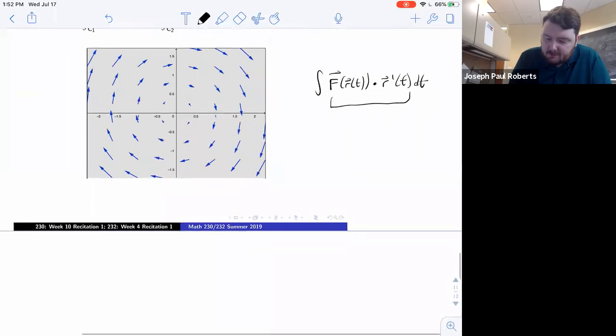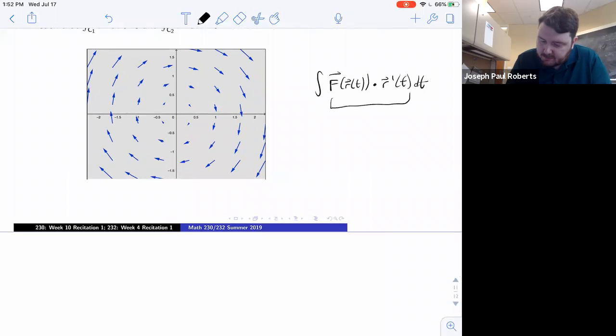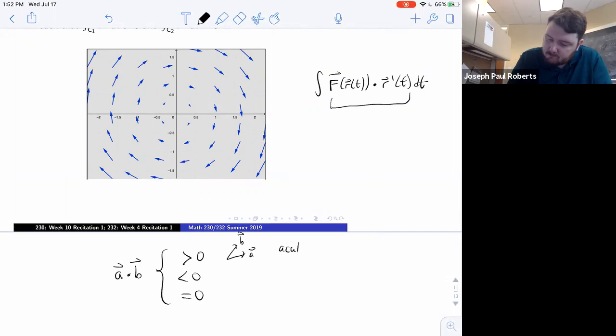And so, okay, maybe for 232 folks who haven't thought about this in a while, when you have two vectors, a and b, their dot product is positive when they make an acute angle between them. It's negative when they make an obtuse angle with each other.